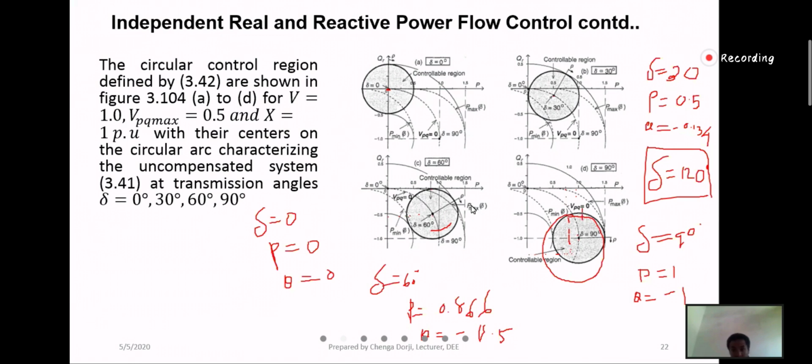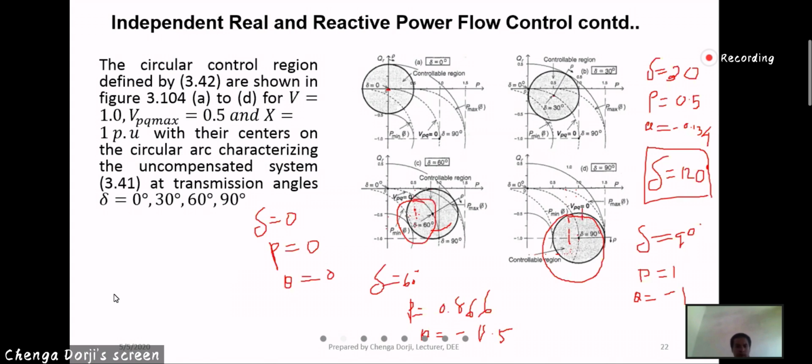First one is 0.5, yes? So it is coming here, and minus 1.866 is somewhere else here. So this is the center, and the radius is 0.5. You draw this.